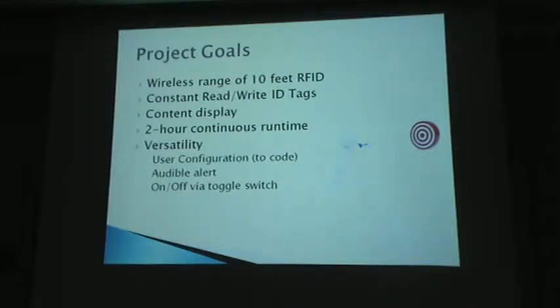We have the user configuration, which Peter took care of, and an audible alert. We use a small buzzer that would tell the user something is being left behind, so you need to check your wallet or whatever item is attached to that tag. And then an on and off toggle switch.